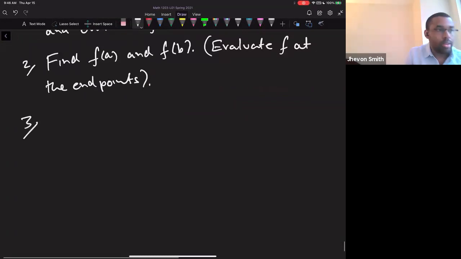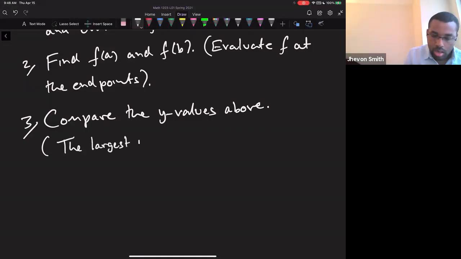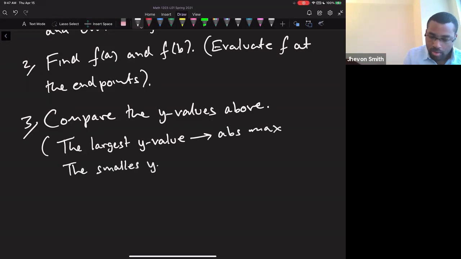And then 3, you're going to compare the values above. And then, of course, you can make a conclusion. The largest y value will give you the absolute max, and the smallest y value will give you the absolute min.